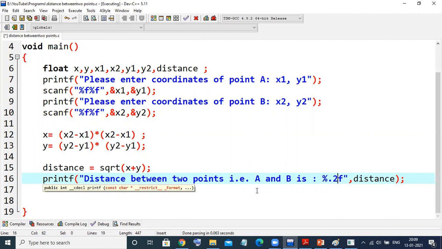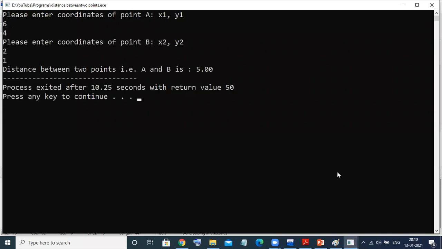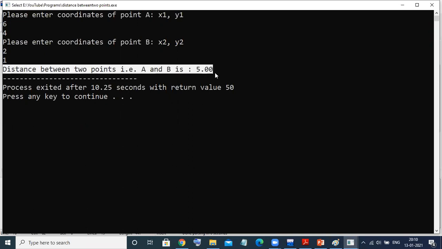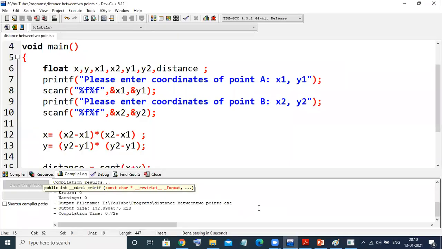That means after the decimal I only want 2 digits. Let me enter 6 4 and 2 1 again. See, now you have got the distance between the two endpoints as 5. So that's it, it's very easy.